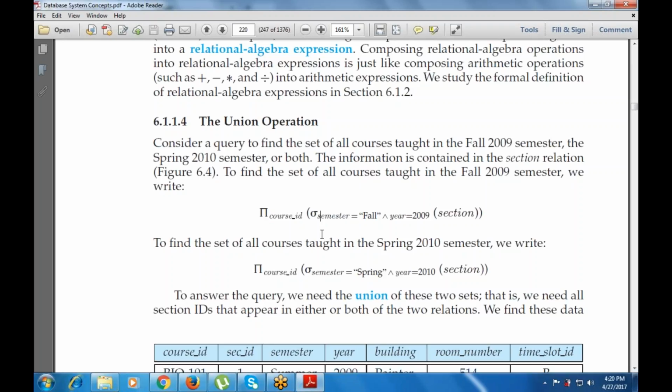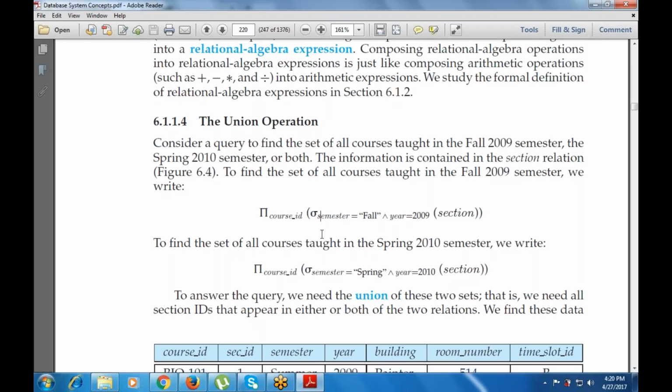So we are taking out only one field, that is the course ID, and we are putting the condition with the help of the select, that is semester equals 4 or year equals 2009. So either semester is taken as 4 or the year is taken as 2009, from the section table.